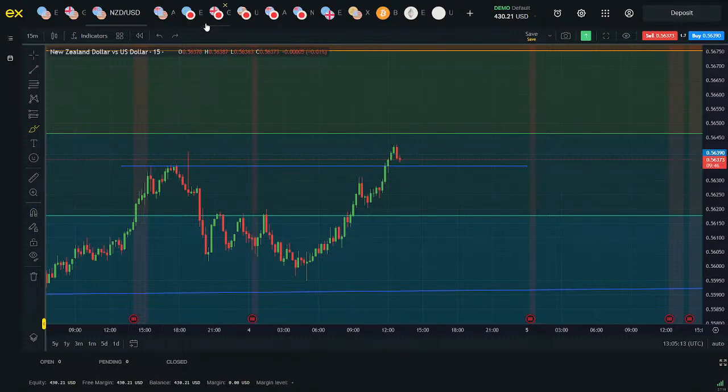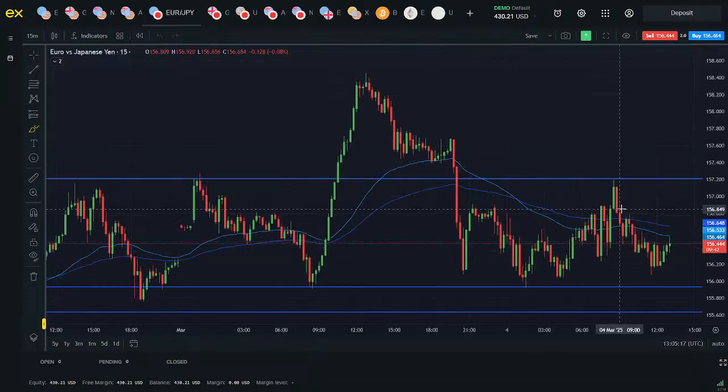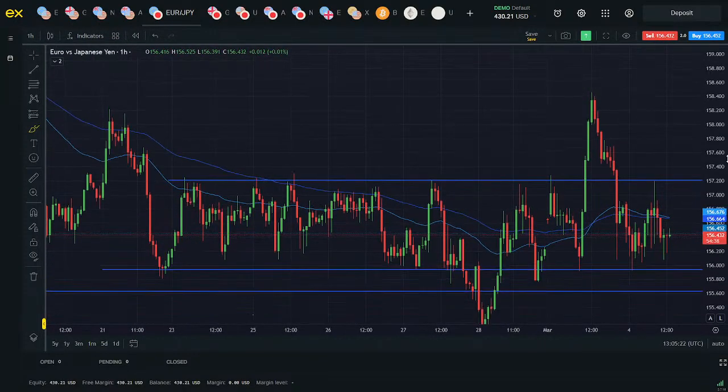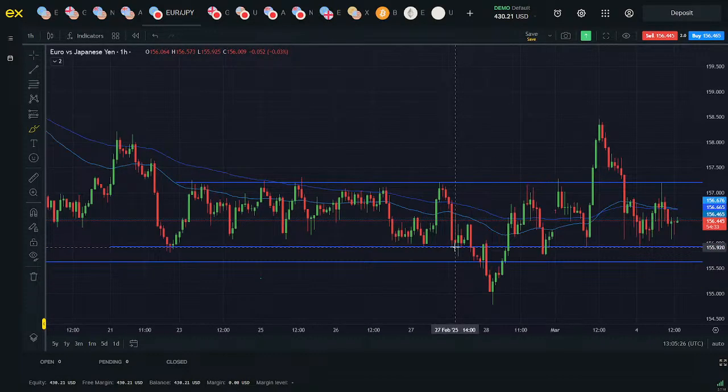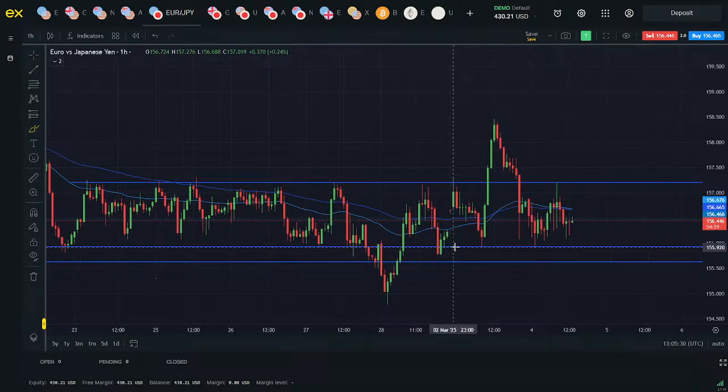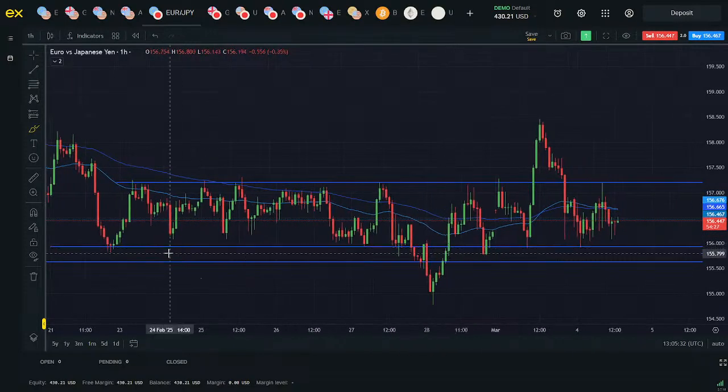Yeah, so this is all about this NZD USD. And if you see Euro JPY, in Euro JPY you guys can definitely see that market has been in a parallel channel for a very long time. Approximately how much can this be?